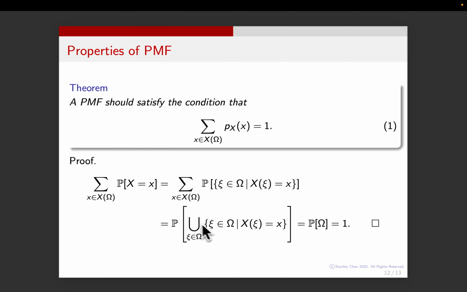You can then take the union over all the different events in the sample space, which will eventually give you the entire sample space whose probability is 1. So, through this way, you can prove that the PMF of the random variable X, when you're summing over the different states small x which it can take, gives you the value 1.